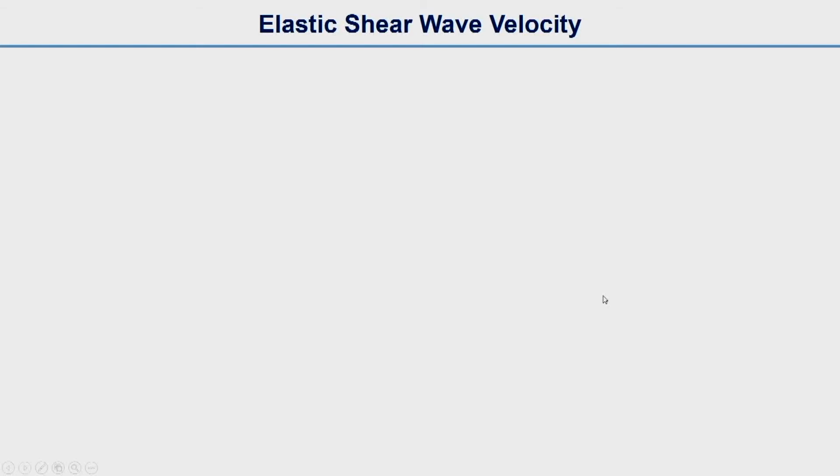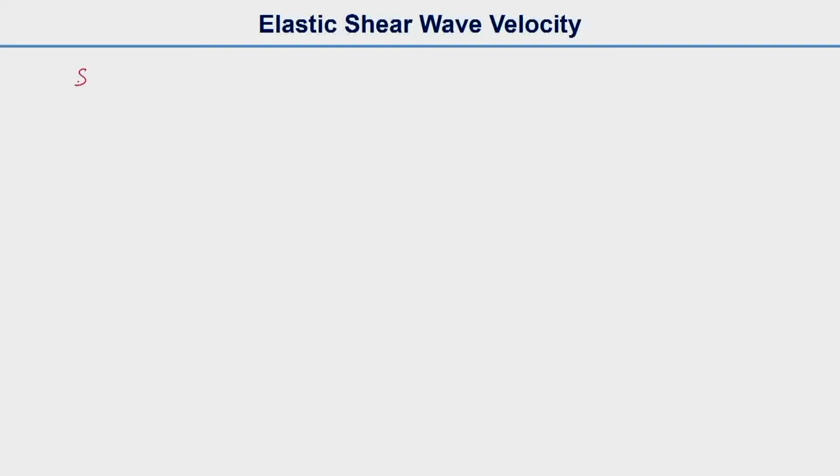So next we will discuss about shear wave velocity. What we discussed earlier is the longitudinal wave velocity. So shear wave velocity or transverse wave velocity: shear wave or transverse wave has the dilatation equal to 0.